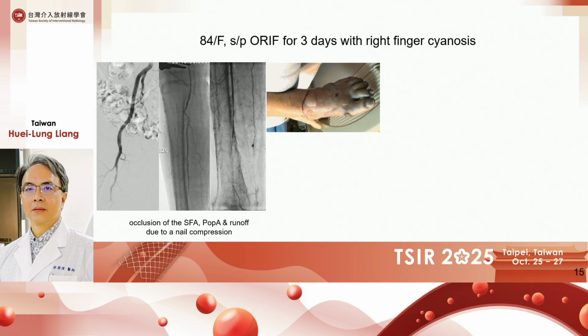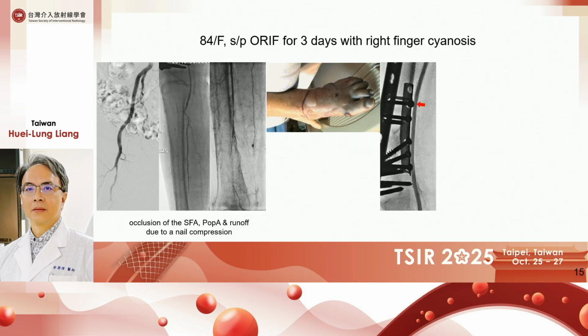This patient had right distal femur fracture post internal fixation 3 days ago, but complicated with finger cyanosis and bulla formation in the right foot. Angiogram showed the total occlusion of the right femoral popliteal artery and the run-off vessels due to external compression of a nail to the distal SFA after catheter aspiration of the thrombus.